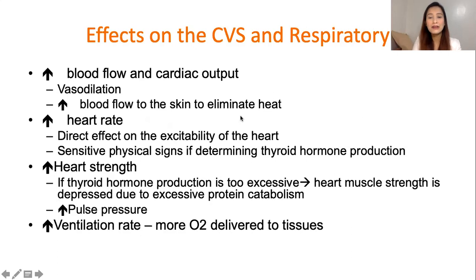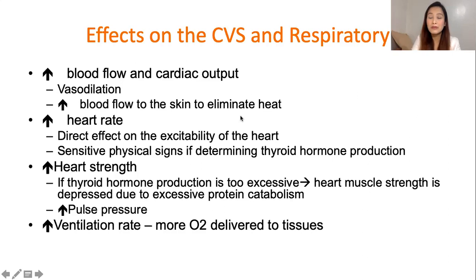How about in the heart and the lungs? Everything again is powered or increased by your thyroid hormone. So there will be increased blood flow and cardiac output. There can be vasodilation. And the vasodilation really is in order to disseminate the excess heat production from the increased metabolism. So if you have increased metabolism, heat is produced.